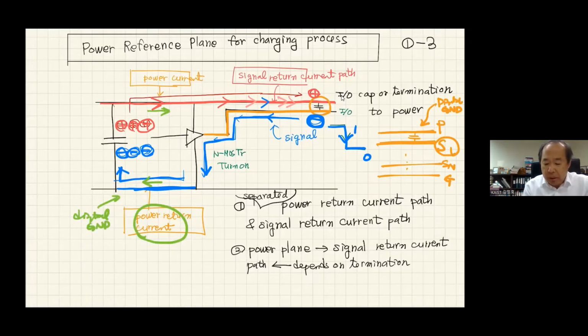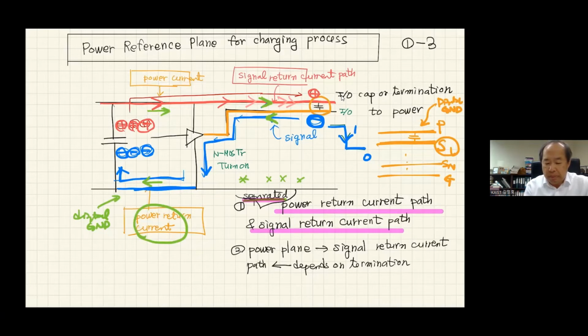But we have a signal line going in the negative direction for the case of discharging, and the return current for this signal line is actually conducted to the power line. No return current is on the ground line. It means that we have separated power return current and signal return current.